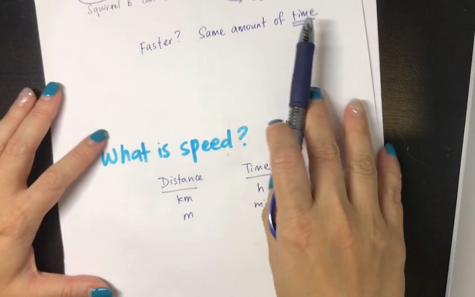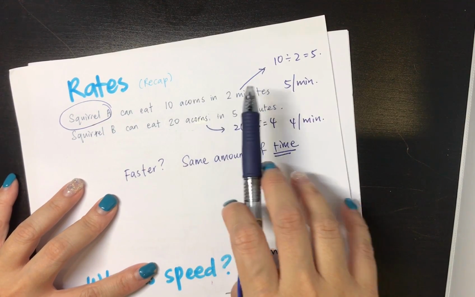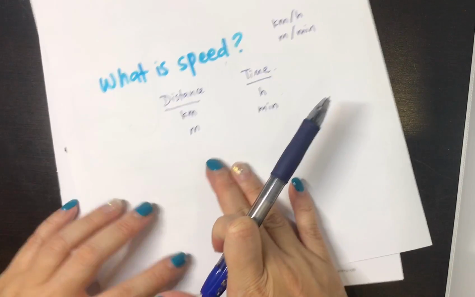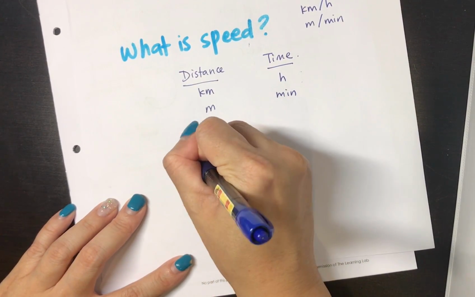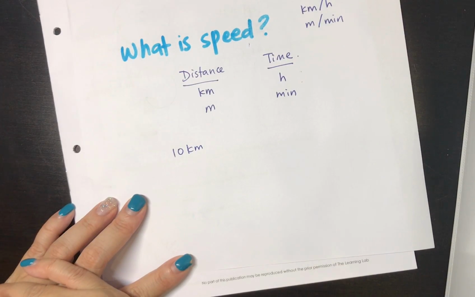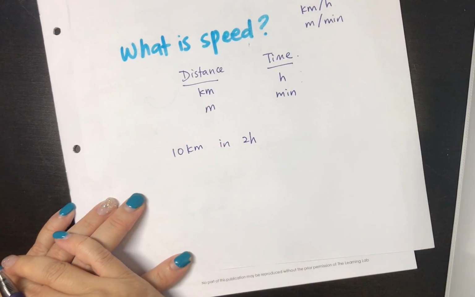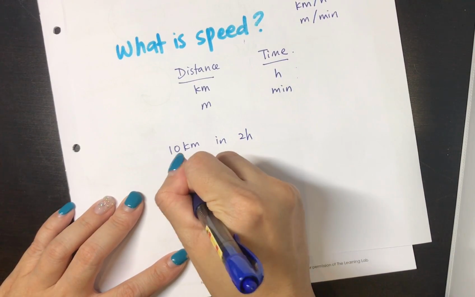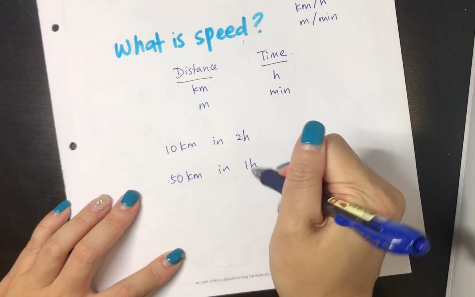In order to do this, we divided the number of acorns by the number of minutes in order to get 1 minute. Same thing here, okay? If I tell you that somebody traveled 10 km in 2 hours, let's say he was walking, and another person cycled 50 km in 1 hour, you can't compare that as well.